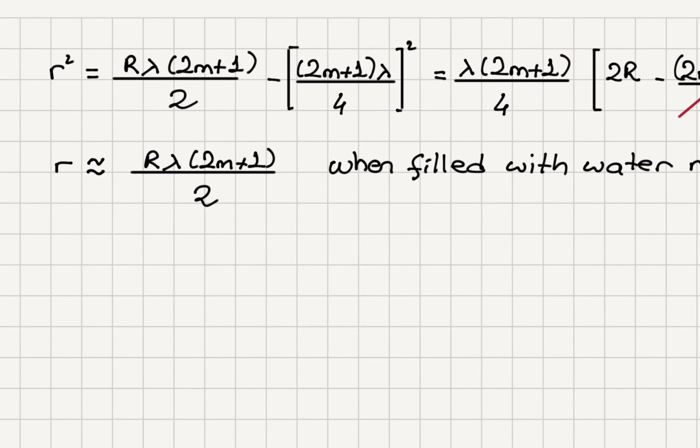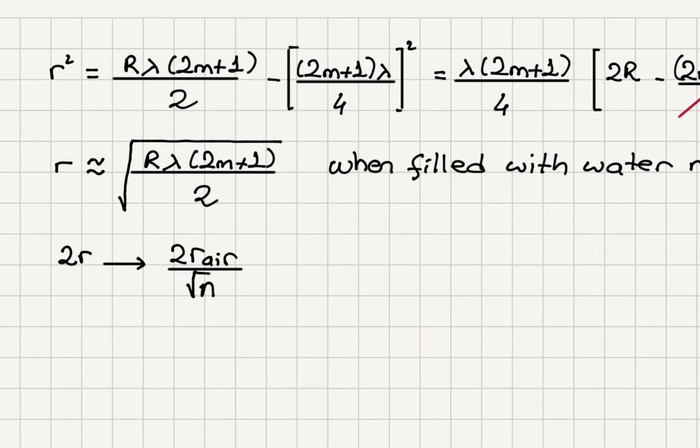So, if I look at the diameter 2r, it's going to be the diameter that I measure in air, 2r air, and here I have a square root, I have forgotten. So I have r depending on square root lambda. Now if lambda goes to lambda over n, so this is going to be scaling as 1 over square root n.